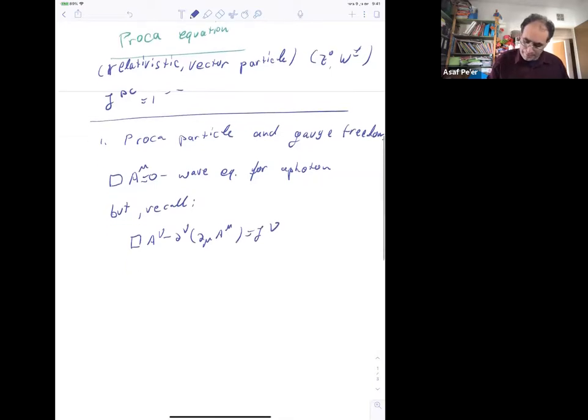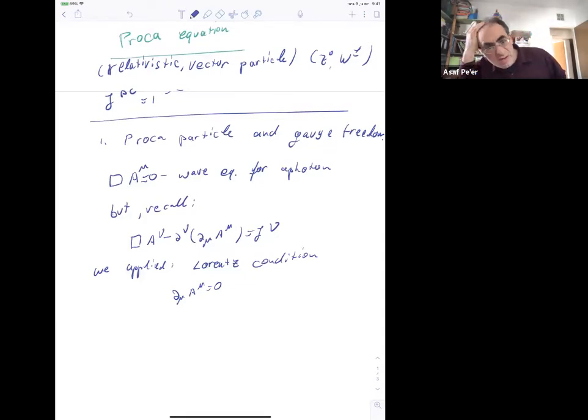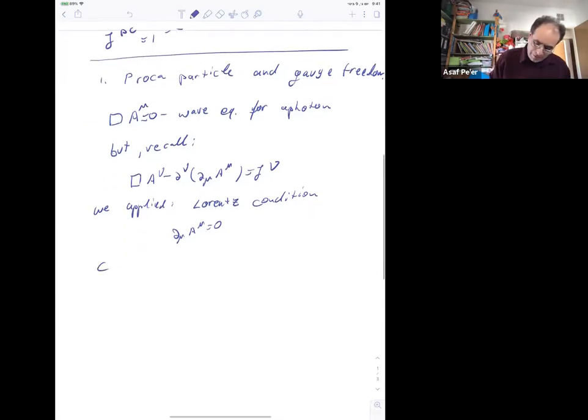And then we applied the Lorentz condition, namely that d mu A mu is equal to 0. And then we said we're in vacuum, so there's no current. And so we ended up with the wave equation for a photon. But when we add a mass term, then the basic question is, is it still allowed to do that? So can we still do that if we add a mass term?